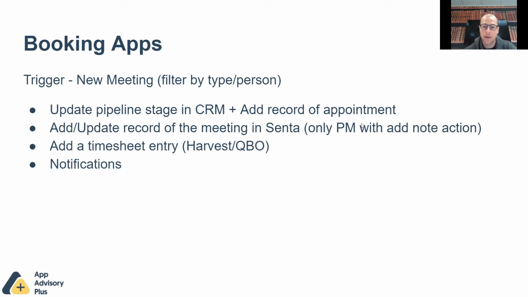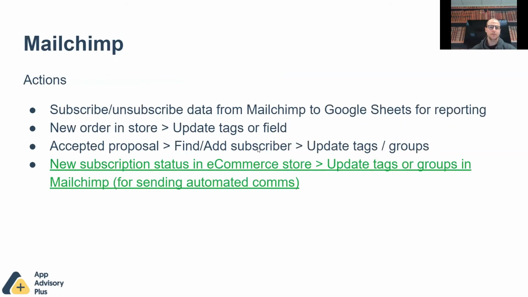They're the only practice management system with the ability to add a note to a client record, so that would work well there. There weren't too many that you could add a timesheet entry for the meeting time, but Harvest project management software and QuickBooks would allow you to do that. And then obviously you've got some notifications as well.